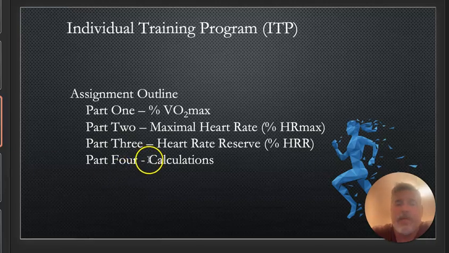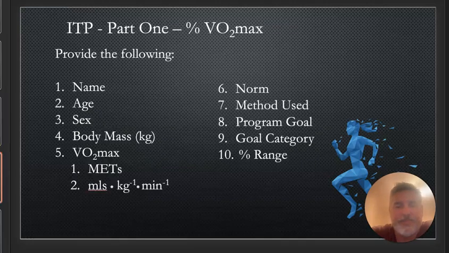When you're doing your calculations, be sure that you're using proper nomenclature. So for VO2 max, you're going to make a table, or you can do more than one table, but you're going to show your name. And I'll show you examples of this. You can have your name, age, sex, body mass in kilograms, your VO2 max in METs and in mL per kg per minute.